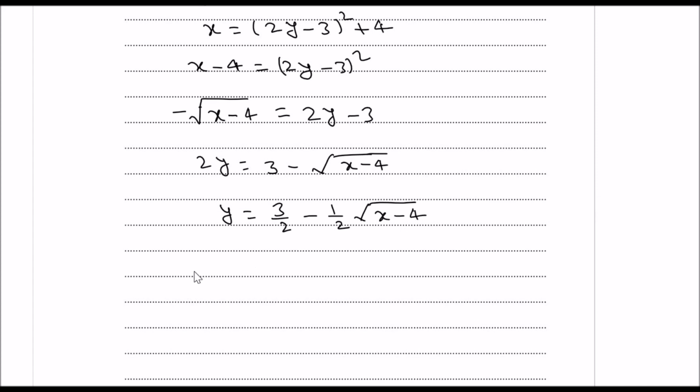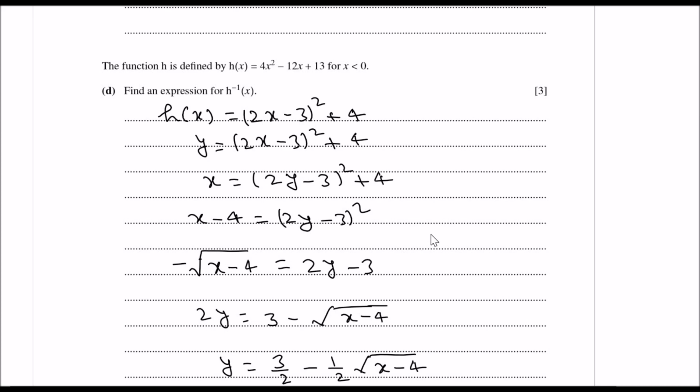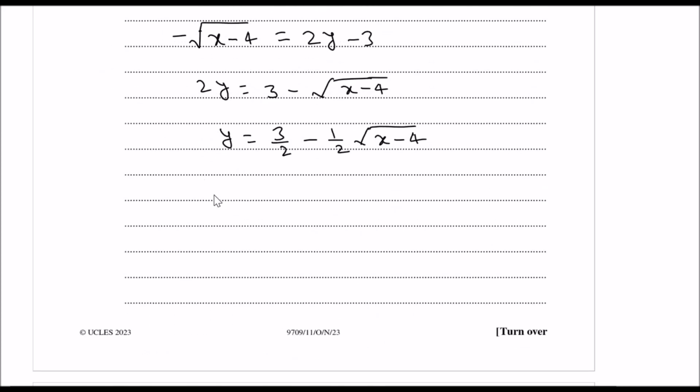So we need to write h inverse x because this is h(x); h inverse x is what they are asking. So h inverse x = 3/2 − (1/2)√(x − 4). So this is the answer.